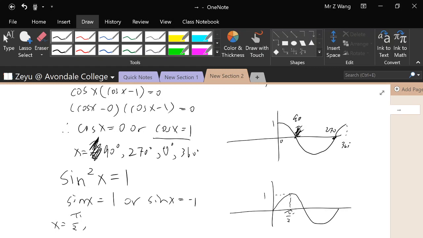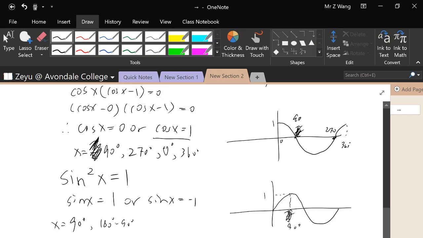So this just means the twin solution is exactly the same. You see what I'm doing? Sorry, not using half pi, using 90 degrees. So it's 90 degrees. The other twin solution is 180 minus 90, which is also 90. So they have repeated principal solutions, right?